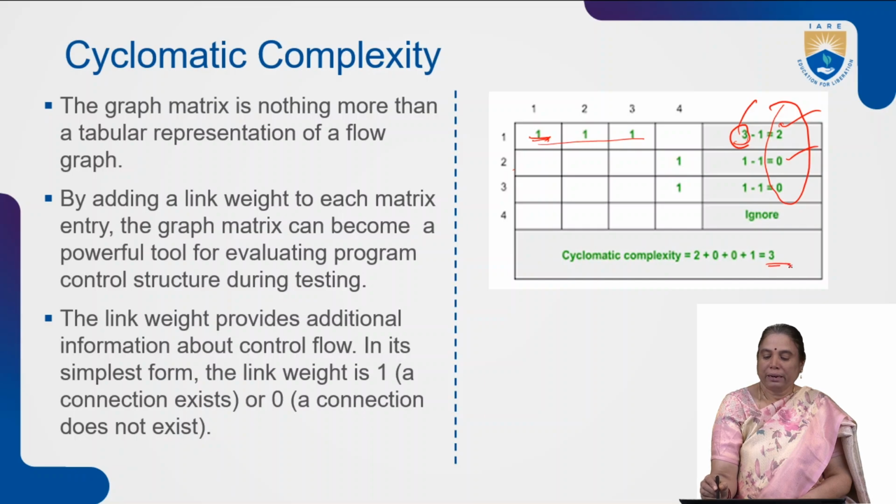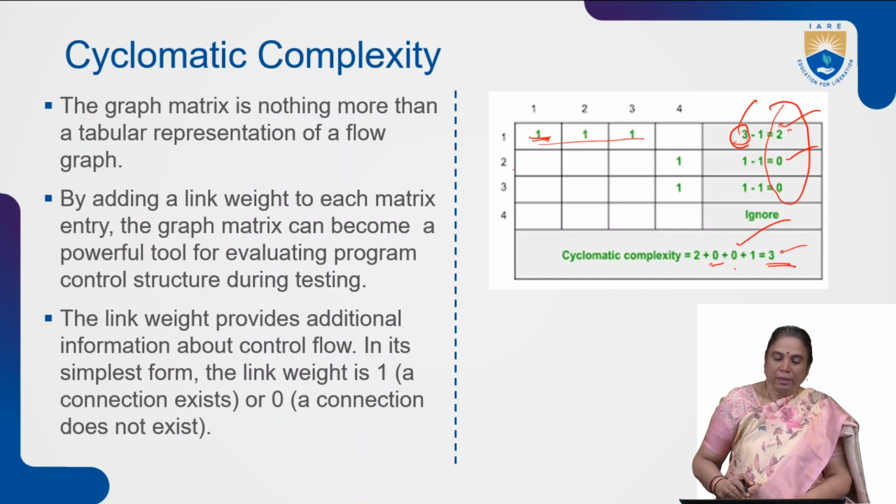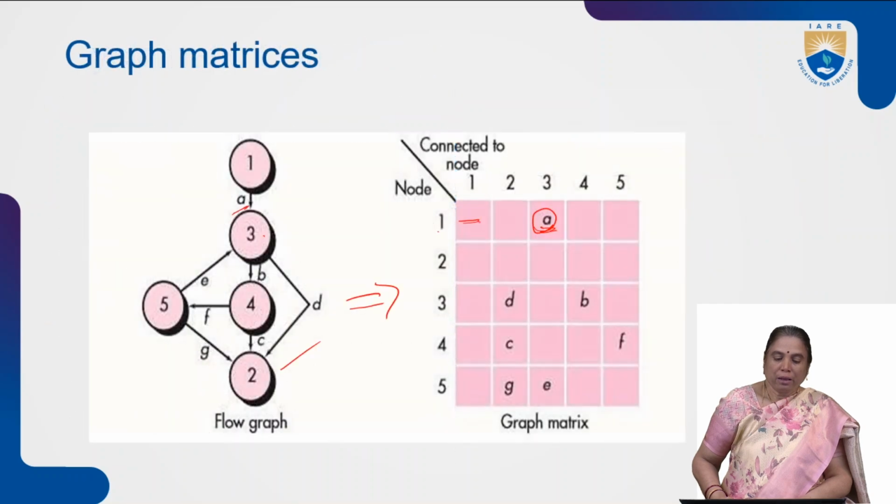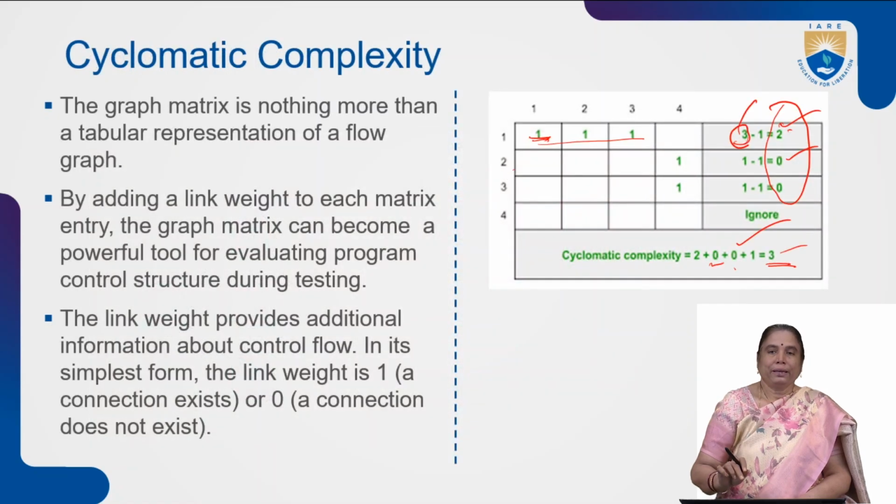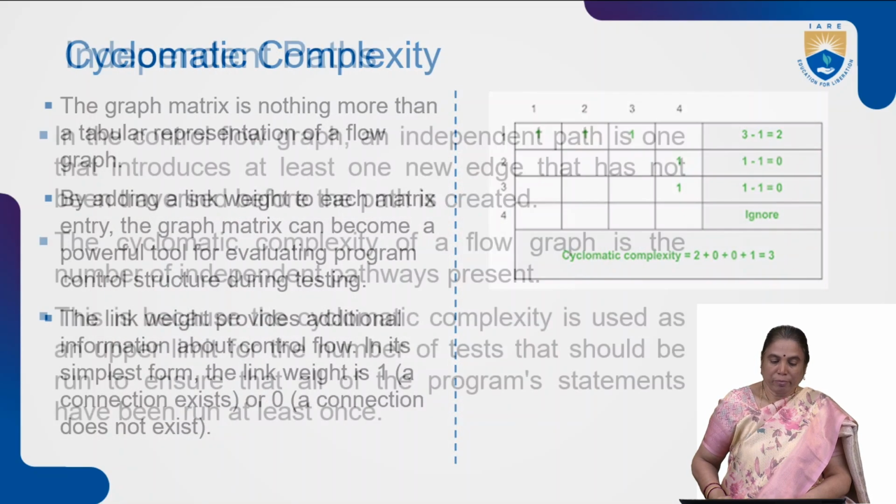Here row 1 sum is 2, row 2 sum is 0, row 3 sum is 0. Adding 1 to this sum gives the cyclomatic complexity as 3. This way, from the control flow graph, the graph matrix is constructed and cyclomatic complexity is estimated.